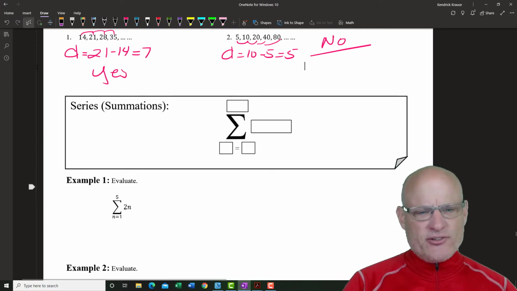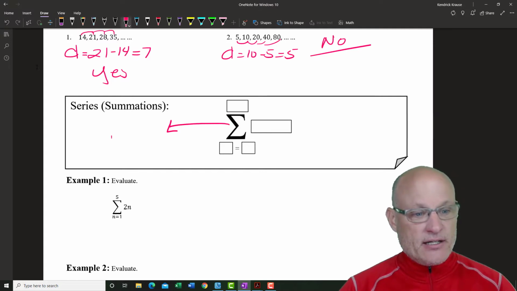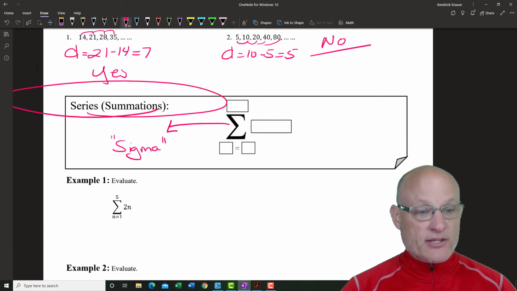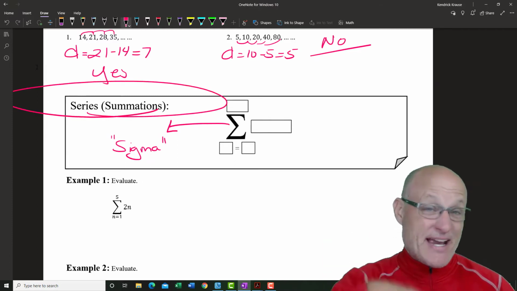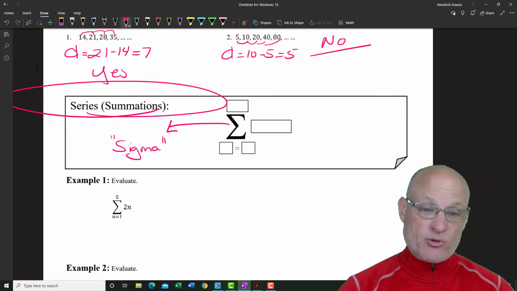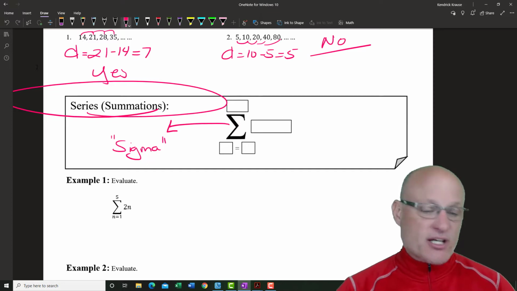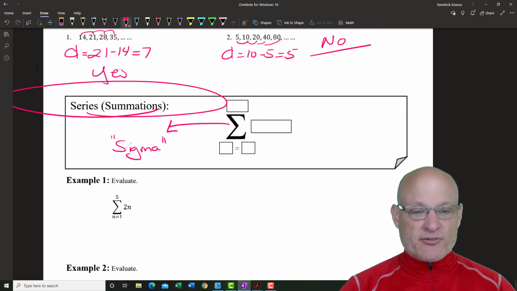Series and summations. This thing, you know, we like to call this the big old E. In Greek letters, it's the Greek letter sigma. But we want to let you know we're going to be summing a series of numbers. So we talked about an arithmetic sequence of numbers. We're now going to sum that thing. In other words, we're just going to add it up. So let me just tell you all the pieces to the big old E. Normally we have some variable up here.